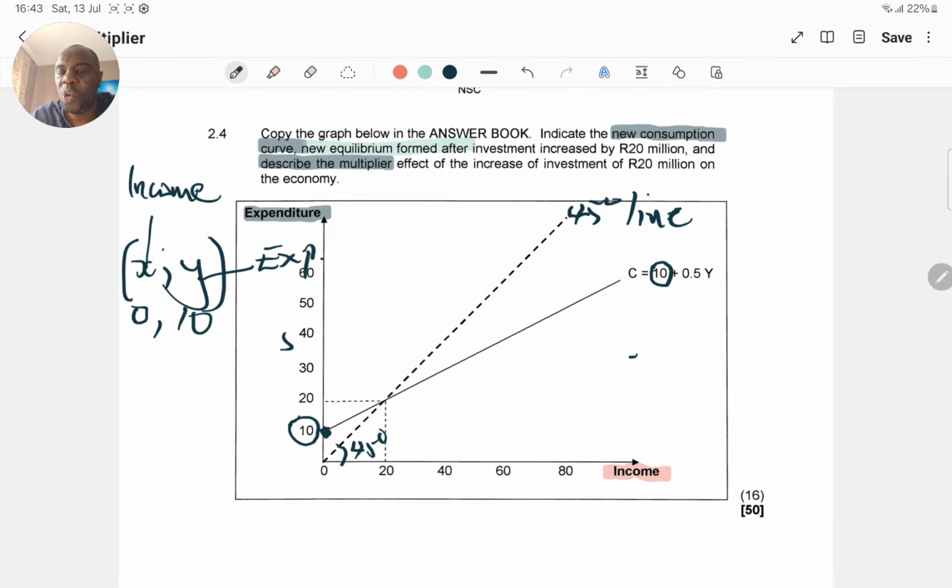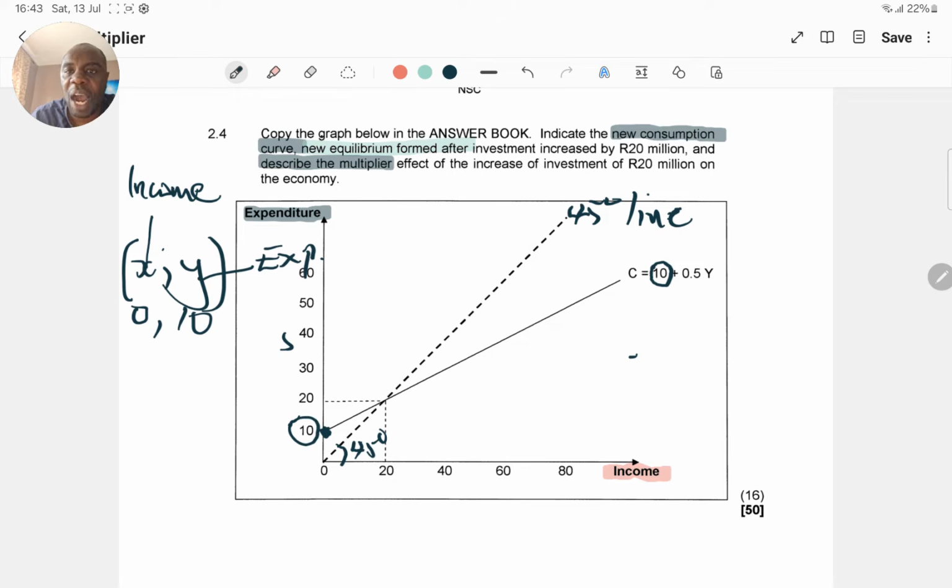Now look at this. At this particular point, our income is 0, but our expenditure is 10. That satisfies the definition of autonomous consumption, because we said autonomous consumption is any consumption expenditure which occurs when income is 0. So the income is 0, but there is a consumption expenditure of 10.